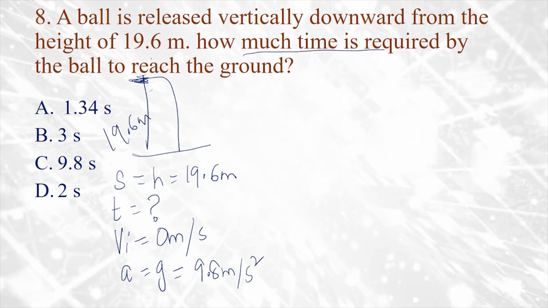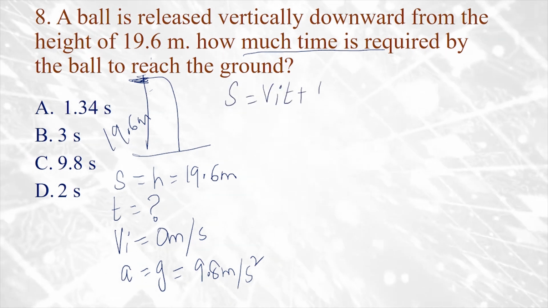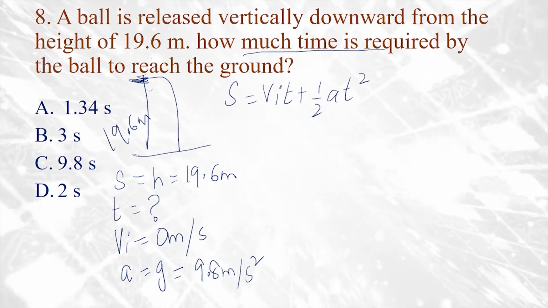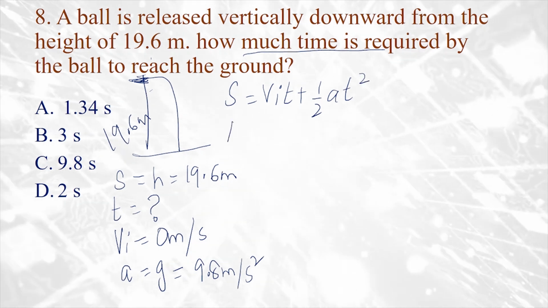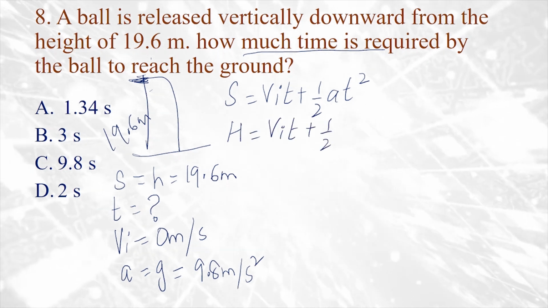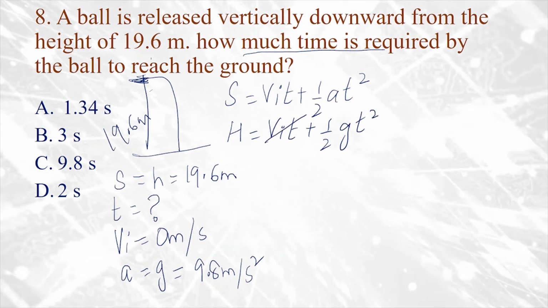The second equation of motion is S equals VIT plus half AT square. If I transform this equation according to my data, it will be height equals VIT plus half GT square, and because initial velocity is 0, this term will be omitted.